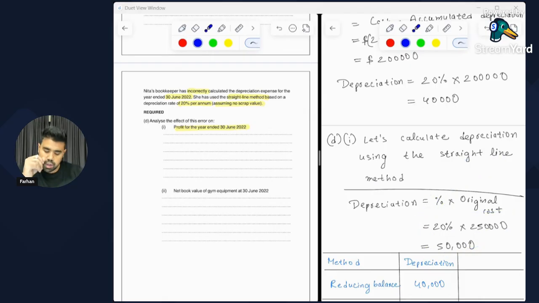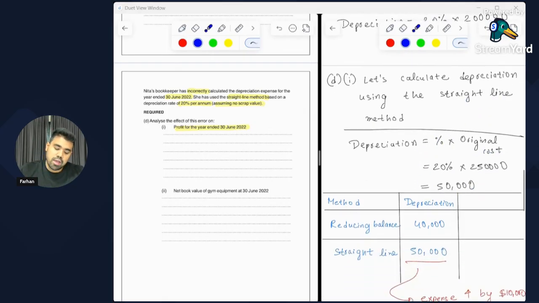Now, what's the effect on the profit for this mistake? Under the reducing balance method, the depreciation in year 2 ending 30 June 2022 was $40,000, calculated by multiplying 20% on the net book value of $200,000.